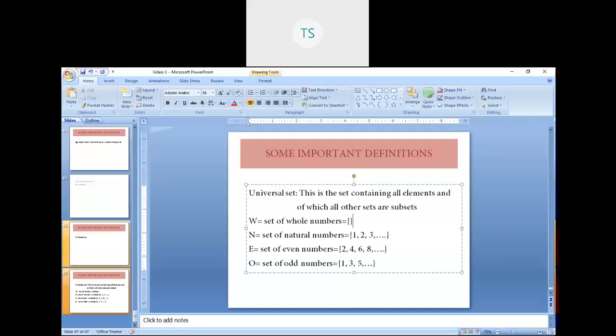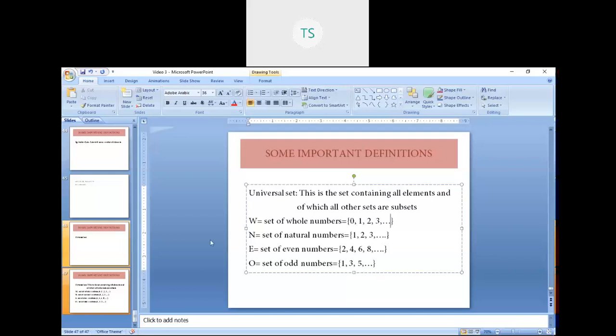Now I am adding one more set, which is the set of whole numbers, and the elements will be 0, 1, 2, 3, and so on. Now tell me, from these four sets, which one is the universal set? W, ma'am.